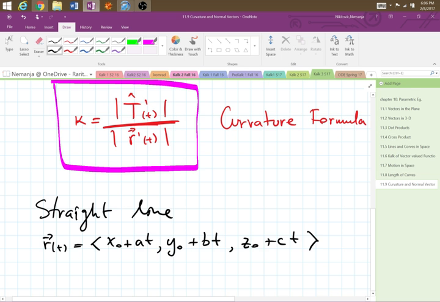You have r prime to make capital T, but that's a T prime. When you take the derivative of this for the first time, only A is going to survive, right? And that's just going to make T. And then I have to take one more derivative, and it kills that. So you just get 0 across the board. So the curvature of the straight line is 0, which makes sense.